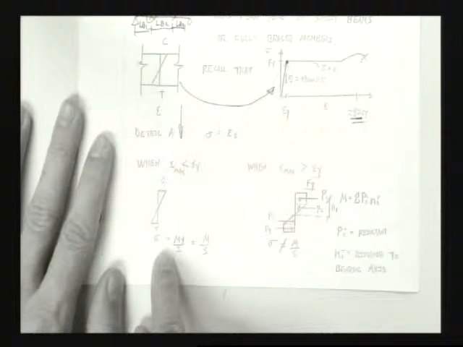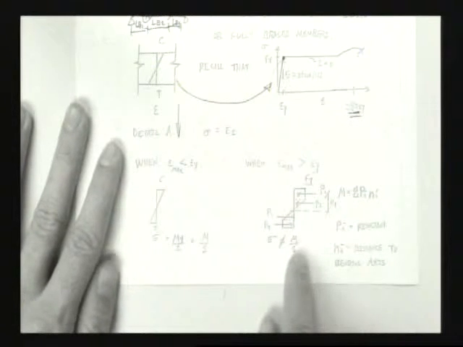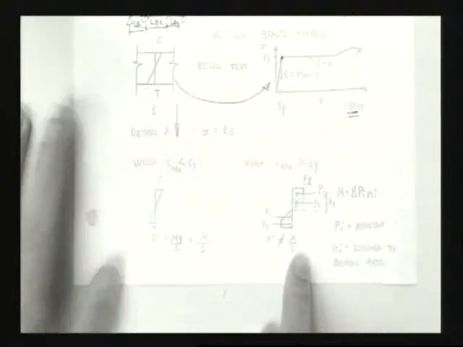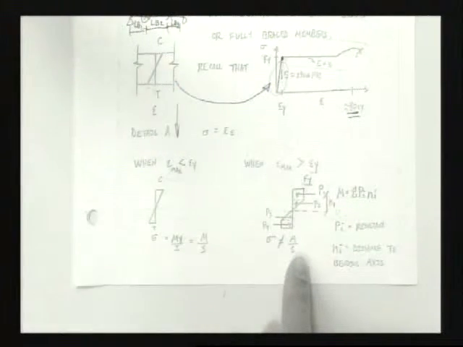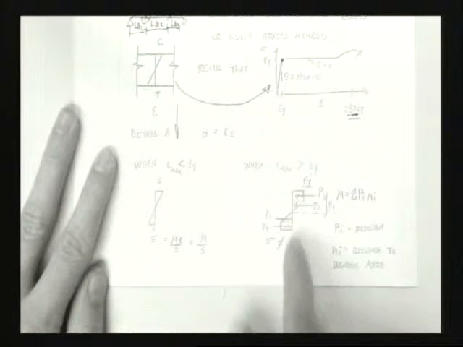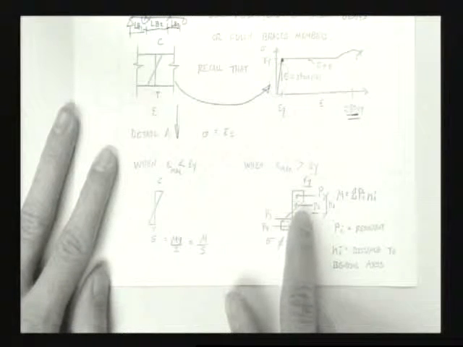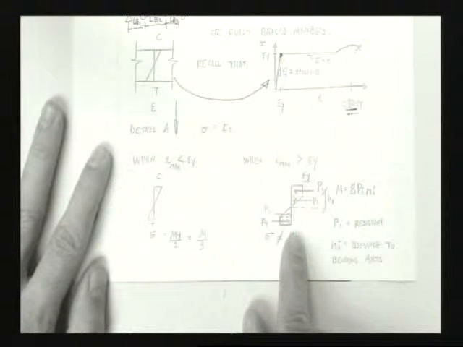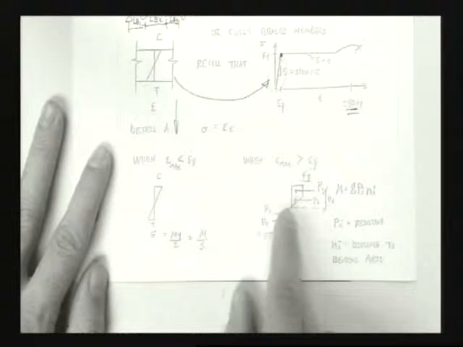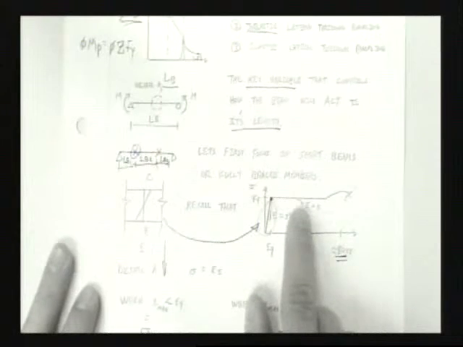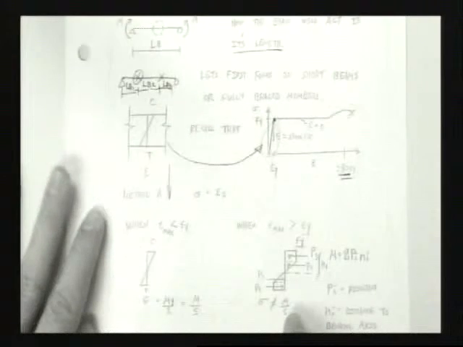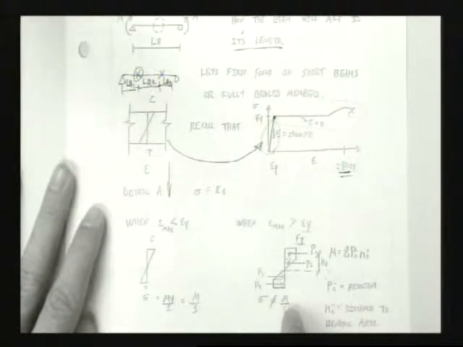Then as we introduced this type of concept in the steel class, or maybe you saw it some in reinforced concrete as well, when things actually start straining above the yield strain, life is not over. Life does not stop. These materials are able to go beyond yield, and that's structural resiliency on a cross-sectional level.